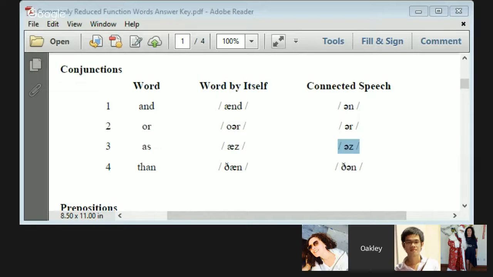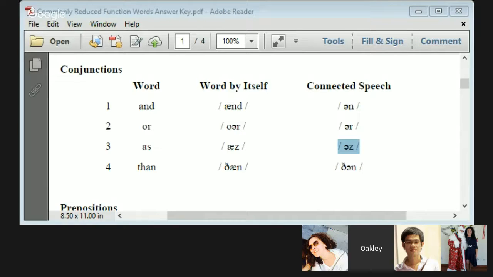"As white as snow." Notice when I say that, great example, I was just writing down a very similar simile. "As white as snow."